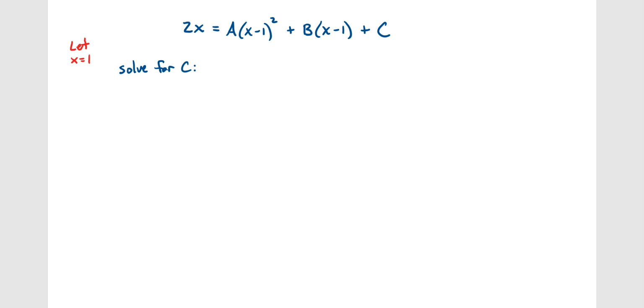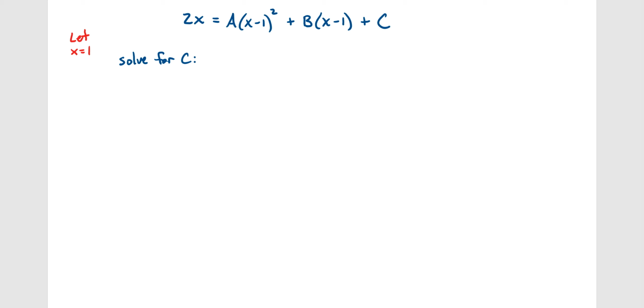So it's going to be 2 times 1 on the left equals A times (1 minus 1) squared plus B times (1 minus 1) plus C. Pretty simple. All we have to do here is see that 2 equals C because the A and B terms cancel, so C equals 2.